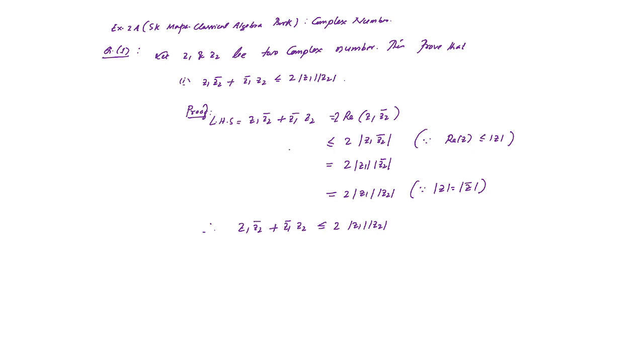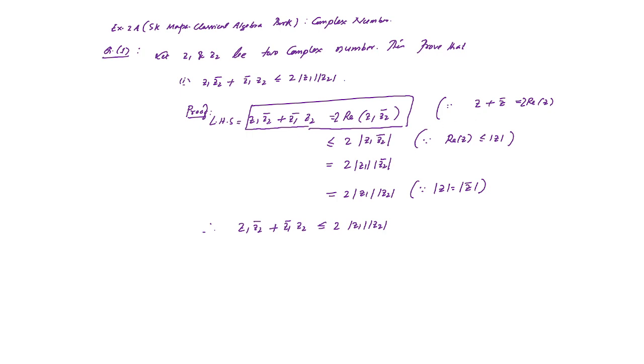Now maybe the question arises for the first line, how we write z1 z2 bar plus z1 bar z2 equal to 2 real z1 z2 bar. Just think of one important case: z plus z bar is equal to 2 real z. You know this formula.